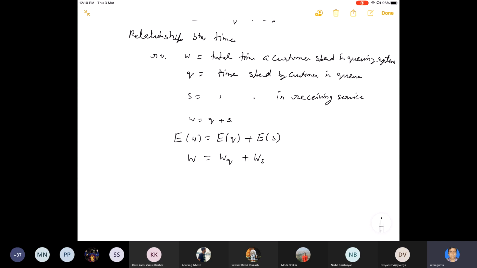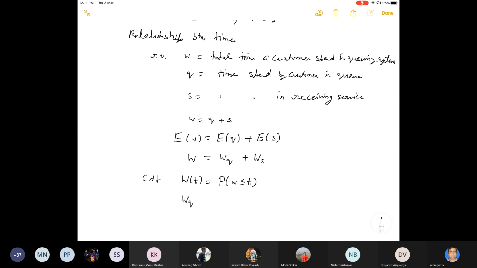Also, we can denote the distribution functions, CDF, W(t) as probability small w less than t. That means this is the CDF of small w.